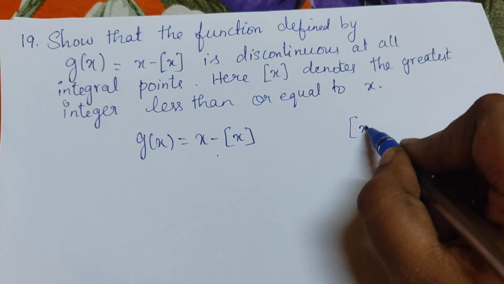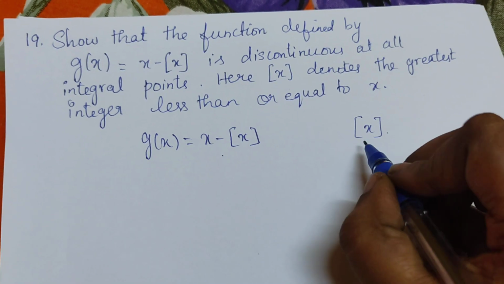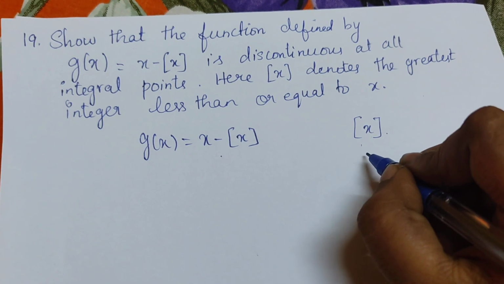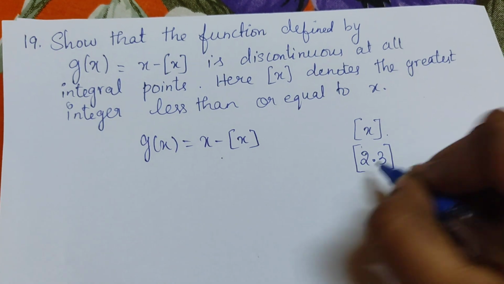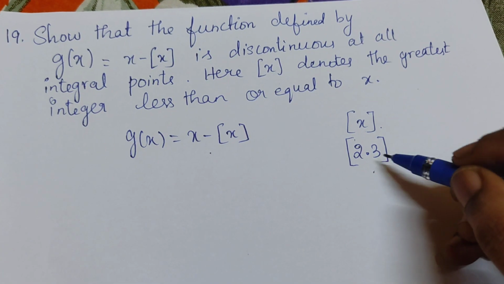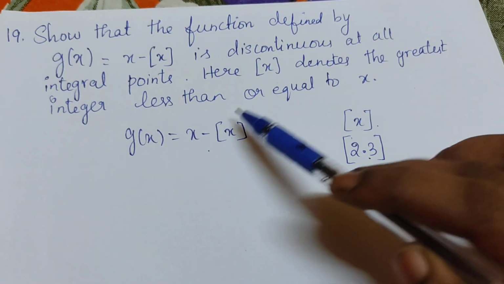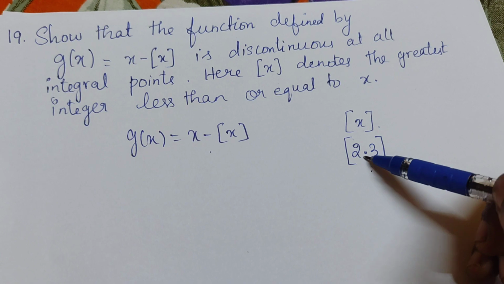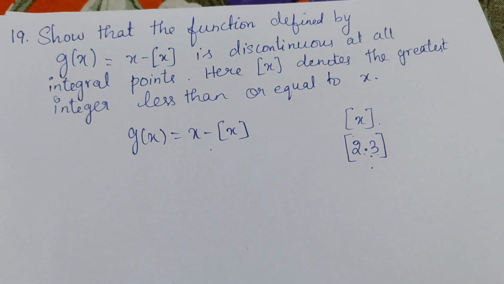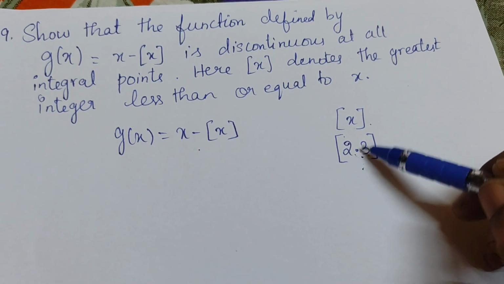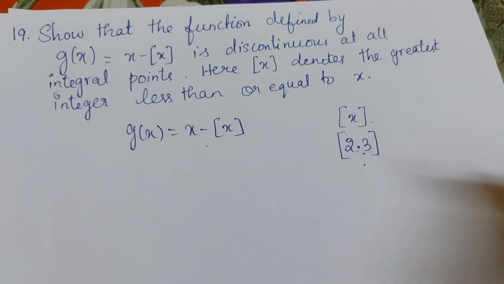I'll give you a few examples to understand this definition. Suppose you are given the number 2.3. For that we apply this greatest integer box. According to the definition, it is the greatest integer less than or equal to x. There are infinitely many integers lesser than 2.3, but they are stating the greatest integer, so we have to consider the integer 2.